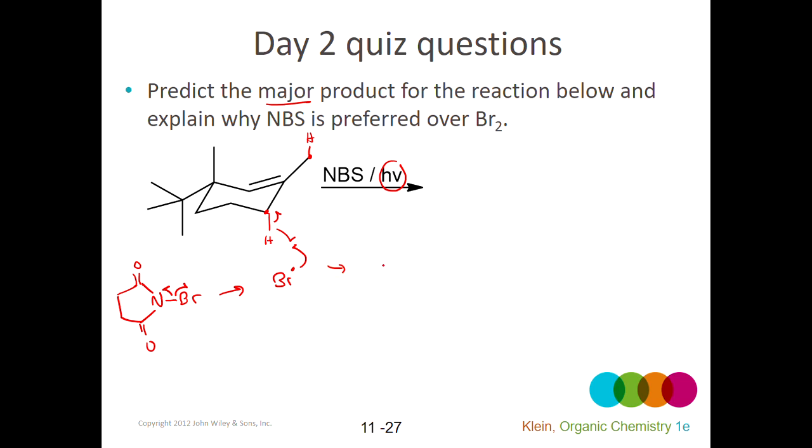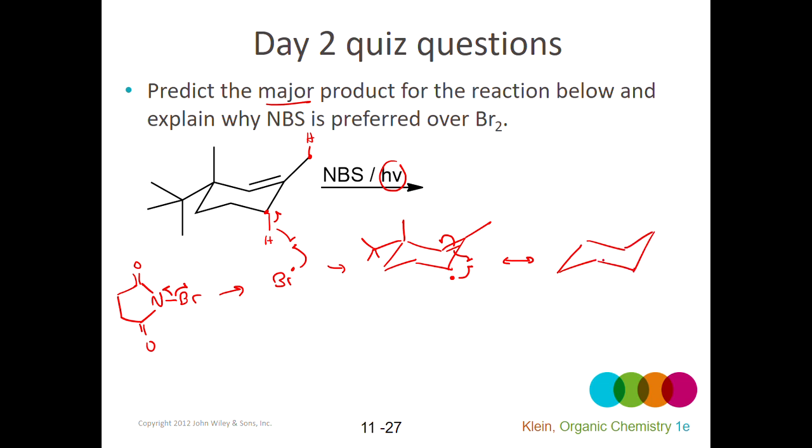So that would produce a free radical here, which will be in resonance with this pi bond. And we can imagine the pi bond breaking and one electron staying behind here. So that's the other resonance contributor.